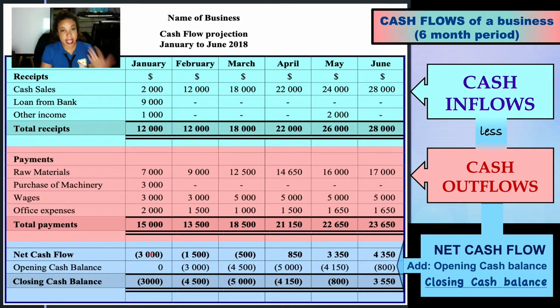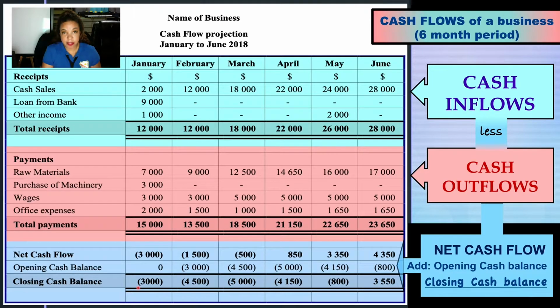So it will be the net cash flow for January, which was a negative 3,000, meaning they spent more. So more went out, outflows exceeded 15,000. We only received 12,000. And your closing balance is the 3,000, add the 0, which gives you a closing balance of the same 3,000 negative figure, okay?